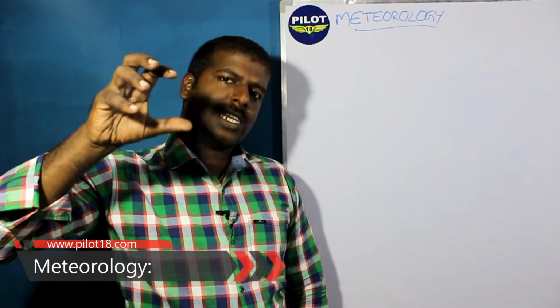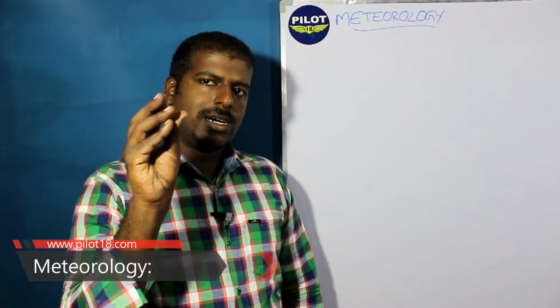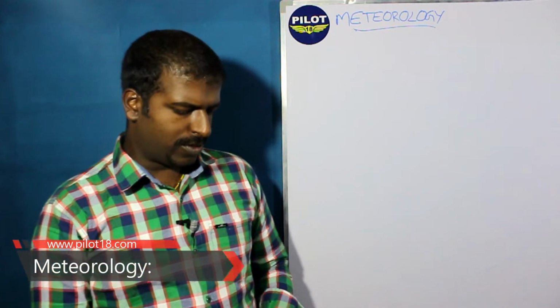And in a wet bulb temperature thermometer, we use a soaked wet muslin cloth covered to the bulb of the thermometer. Why? From that we can get the wet bulb temperature. And what is that wet bulb temperature? We will learn after some time. Okay.